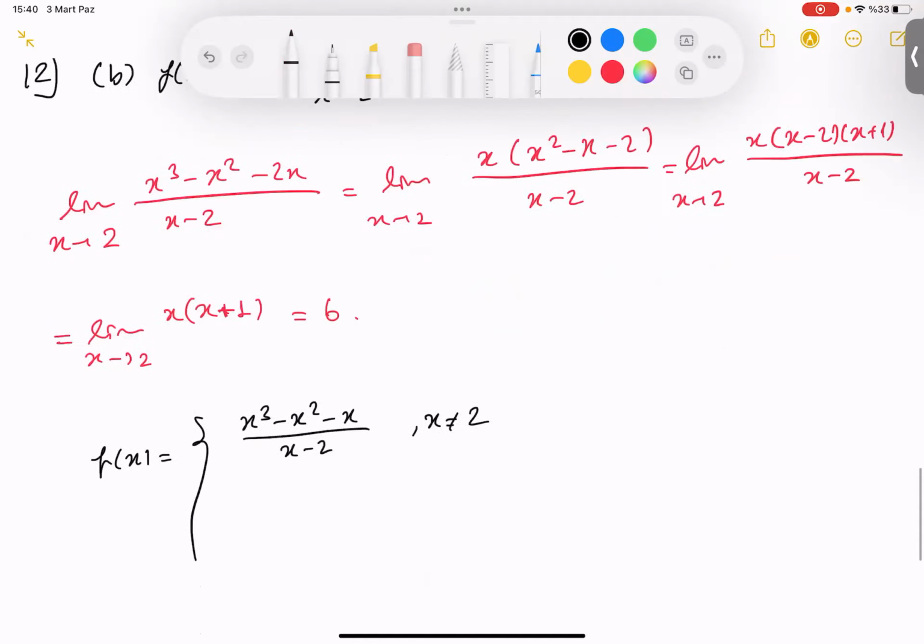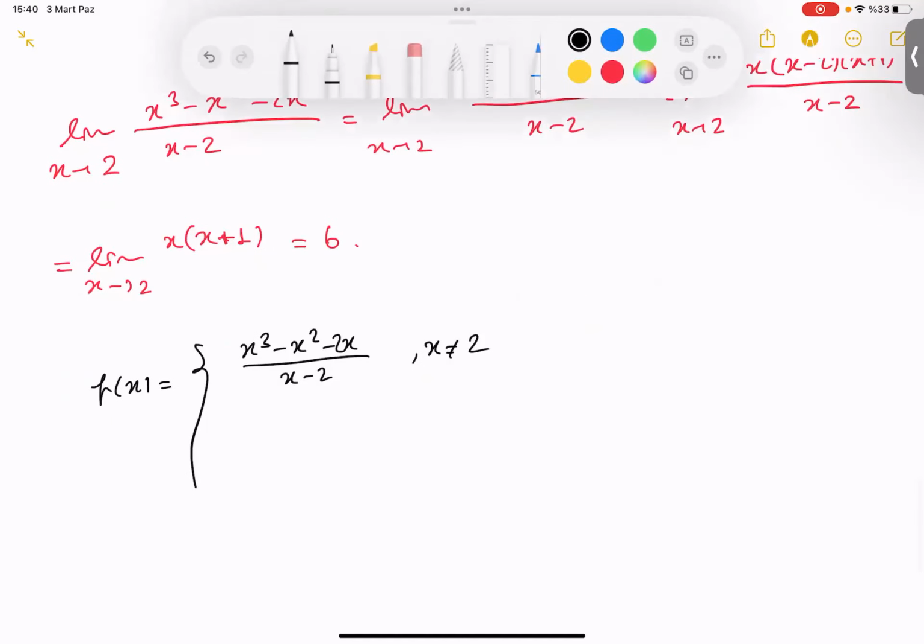Is it 2x? Sorry. Okay, and if it's equal to 2, so you need to define the function using what? If the function is continuous at the point 2, then you need to have this one, right?